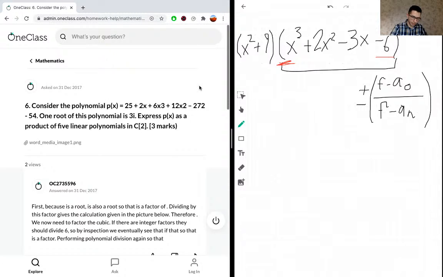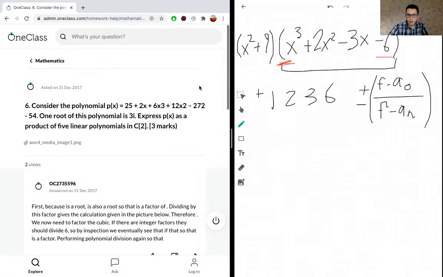So just writing these out right away. So we know factors of -6 are 1, 2, 3, and 6, plus or minus. And factors of 1 are just 1. So if we divide 1 by any of these, we'll just have 1, 2, 3, and 6, and then we have plus or minus.